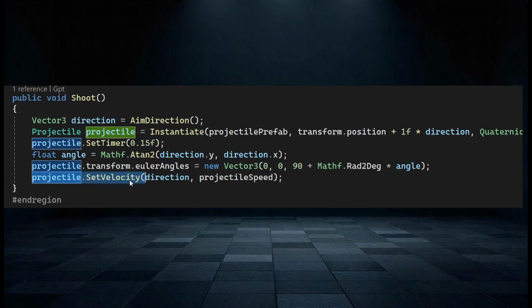I'll show the process in this little montage. And that's it, we now have a functioning aiming system.